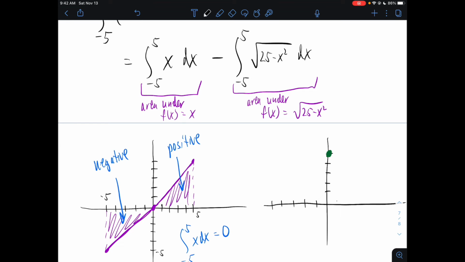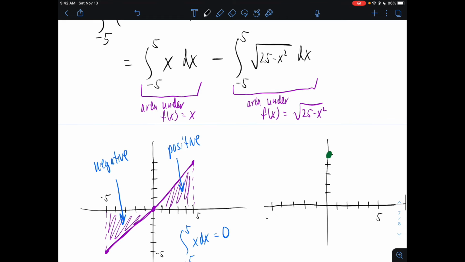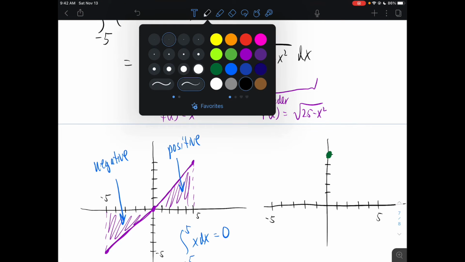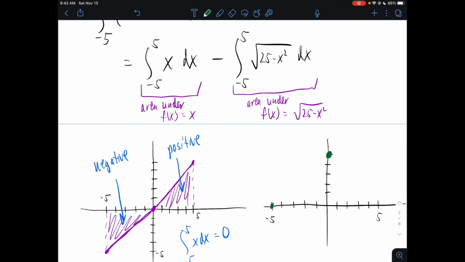So in fact, we can go out to the left to negative 5, and out to the right to positive 5. And the shape that we end up with is actually a semicircle.